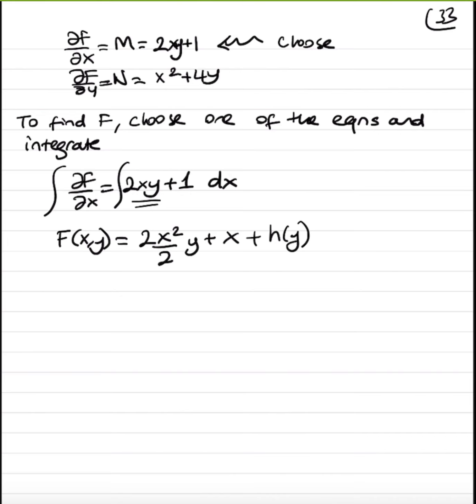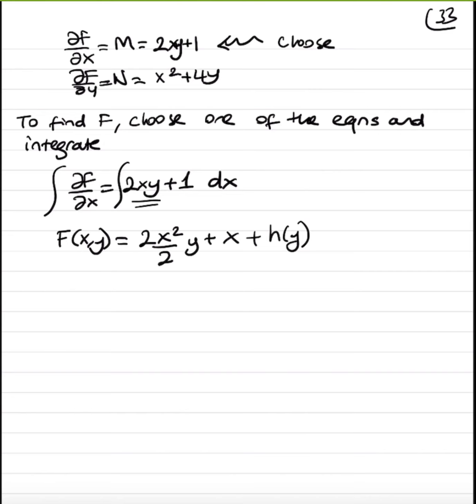If we take the derivative of 4y with respect to x, it is 0, so we don't see it in the partial derivative. That's why we need to add a function of y here.